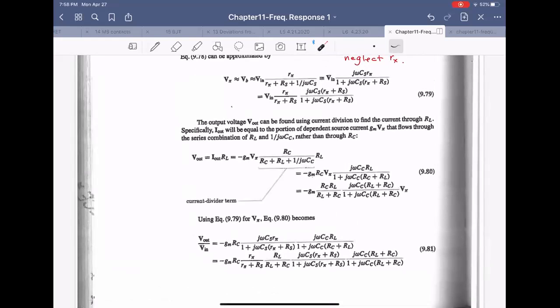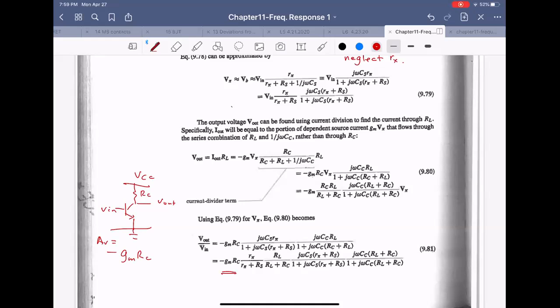See what we can see from here. This minus gm RC is the voltage gain of this stage, minus gm RC, from here.